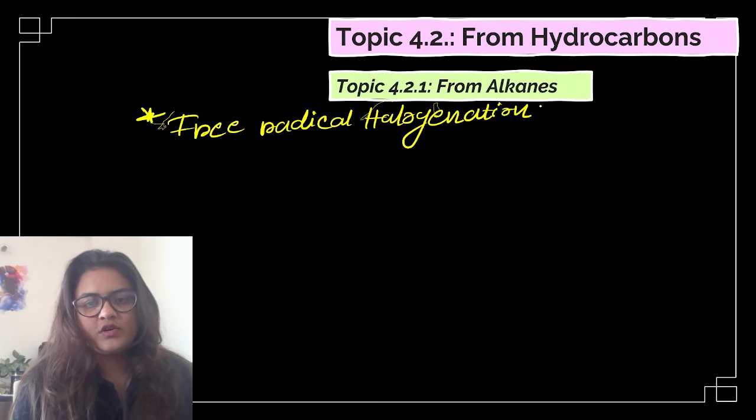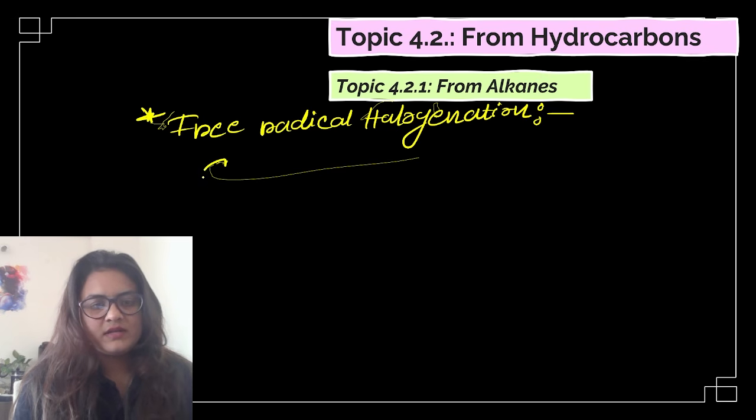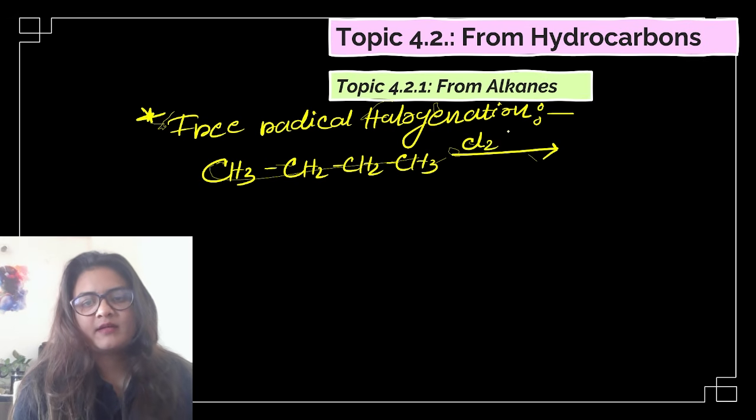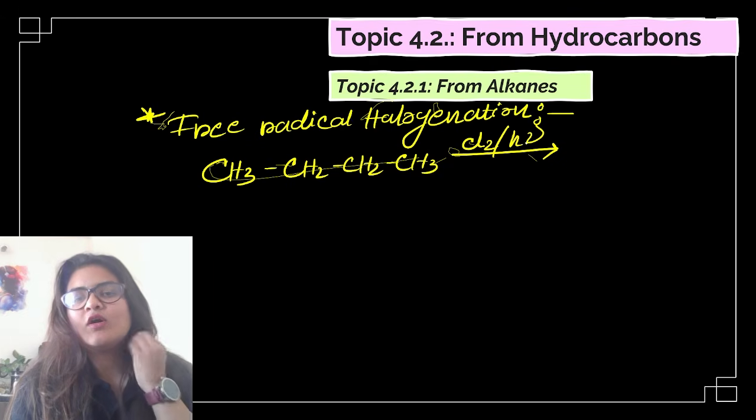Let's say I am having CH3, CH2, CH2, CH3. In this system I am giving Cl2 in presence of hν. So here I will get chlorination.